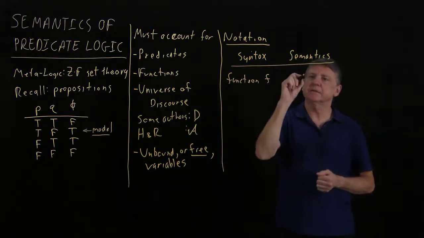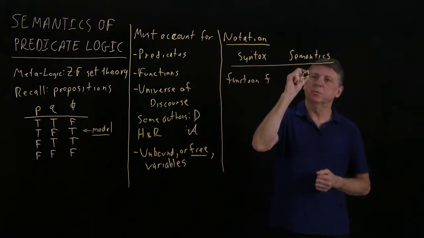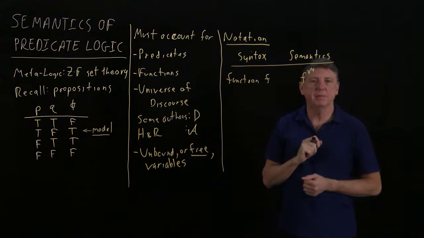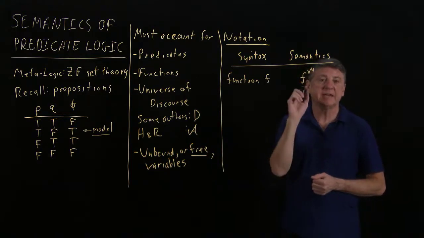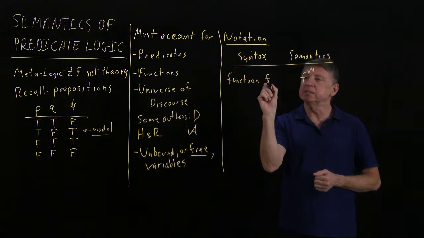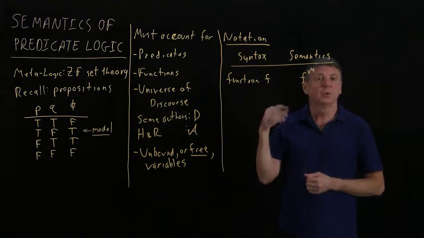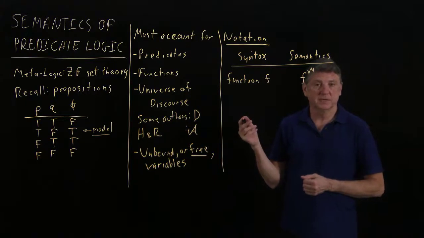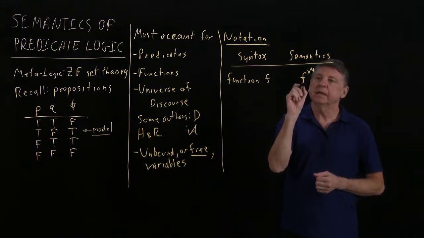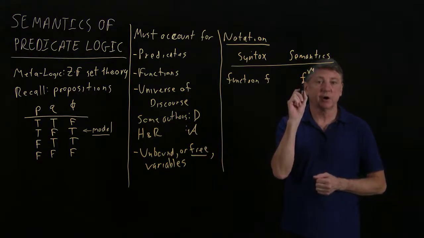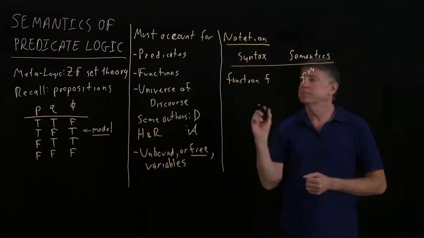And in semantics, we'll write it as f, and we'll put a script m as a superscript to indicate that this is a function that we're going to work with syntactically. That is, we're going to use rules of natural deduction. And this is, we are talking about a specific function.